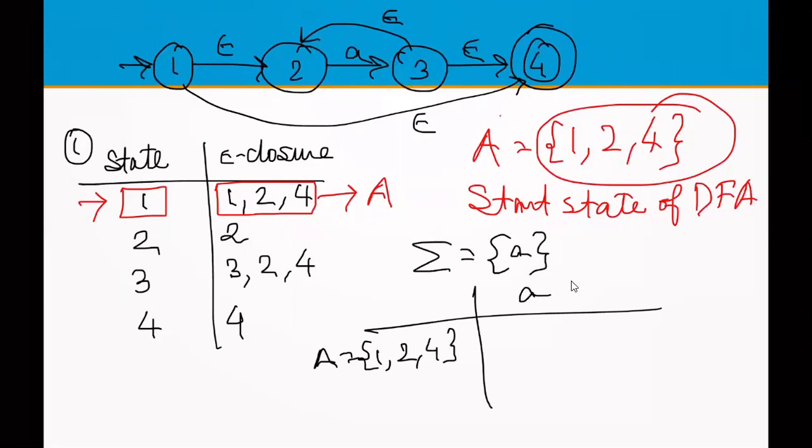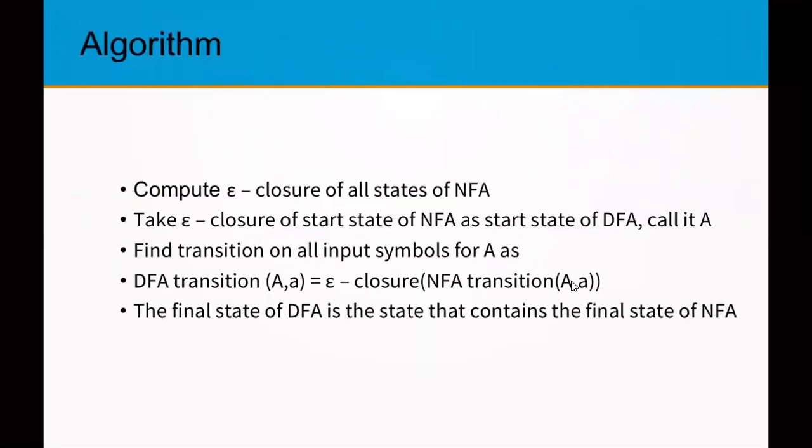So how do we compute this? The steps are given out here. The DFA transition on capital A, that is the set of states, on the input symbol small a, how do we compute it?